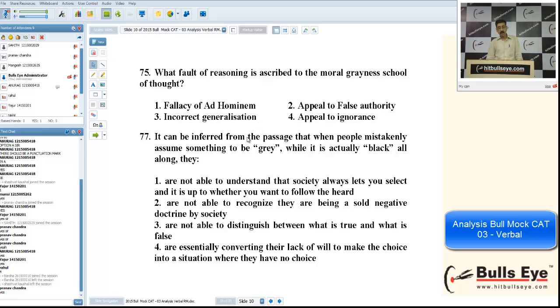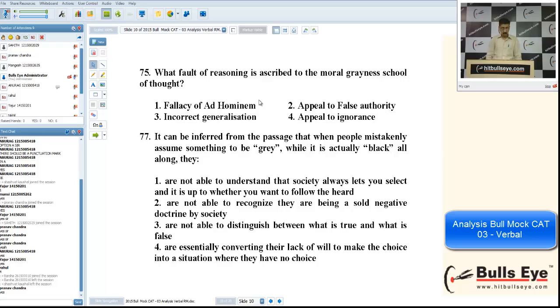So the author is attacking the character of the people. Attacking the character in critical reasoning is called the fallacy of ad hominem, because personally he took into account the grayness.